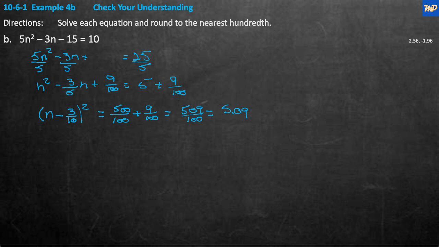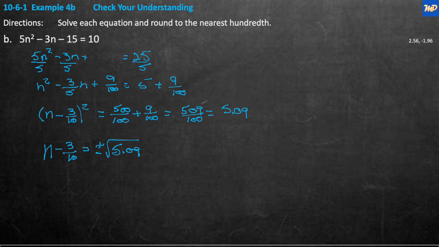Okay? So now that we have that, we can now take the square root of both sides. So taking the square root of both sides gives me n minus 3/10 equals plus or minus the square root of 5.09. So changing my 3/10 to a decimal, that's going to be 0.3. So I can say that n minus 0.3 is equal to plus or minus the square root of 5.09.